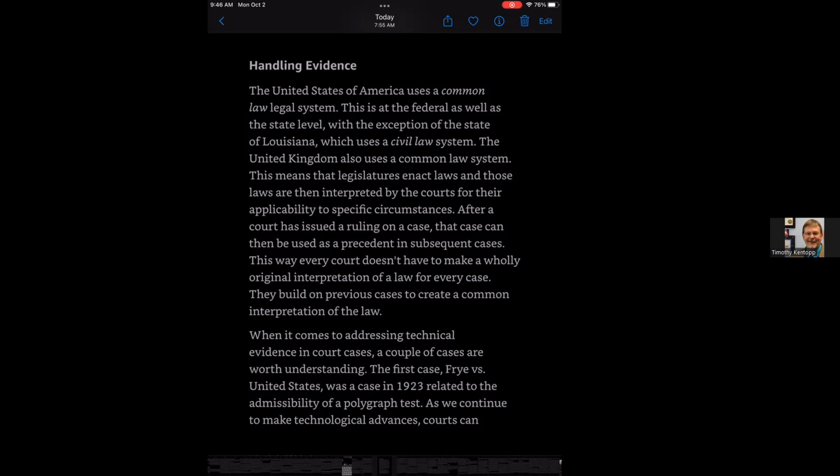And one of the most important ones has to do with polygraph. Does anyone know if polygraph tests are admissible in court? Does everyone know what a polygraph test is? Yeah, so basically a lie detector test.